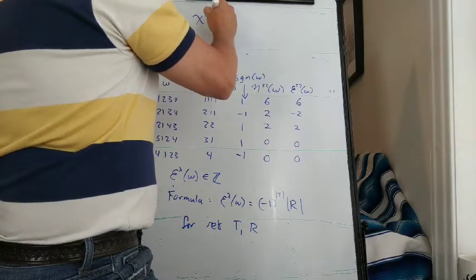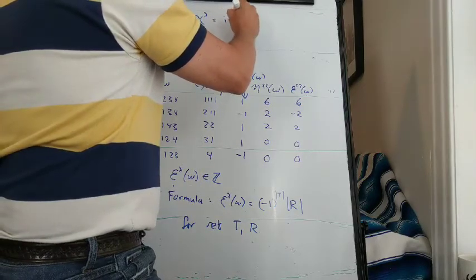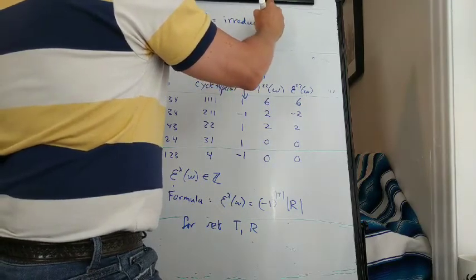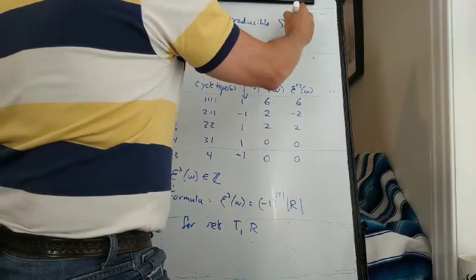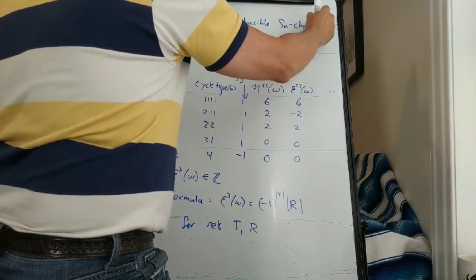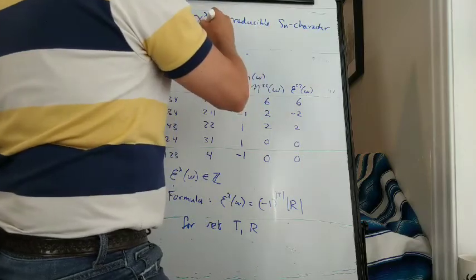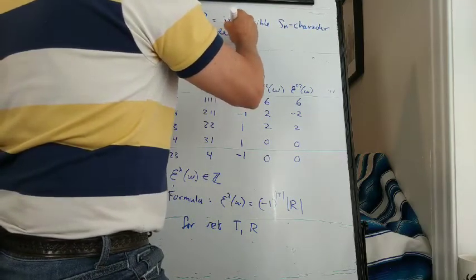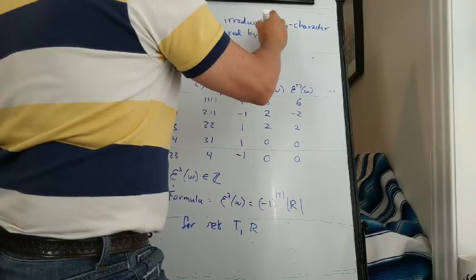Let's let chi lambda be the irreducible Sn character indexed by lambda.